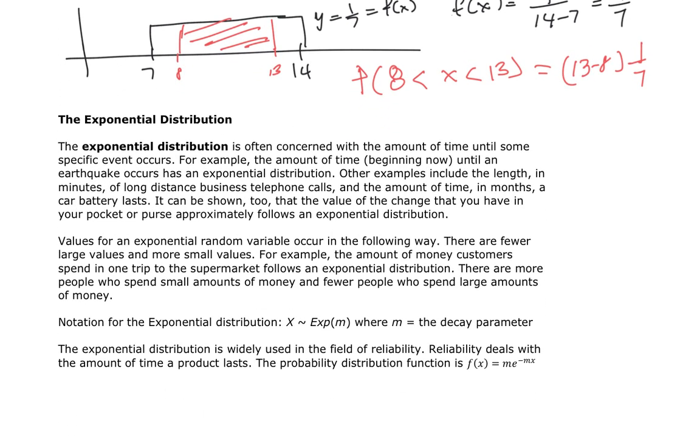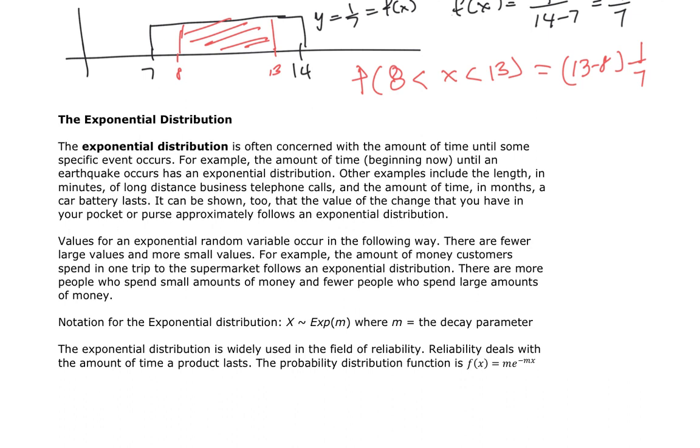The exponential distribution is often about the amount of time until someone has a specific event occur. So this is not like the uniform distribution, and I have a different shape. For example, the amount of time starting right now until an earthquake occurs is an exponential distribution.